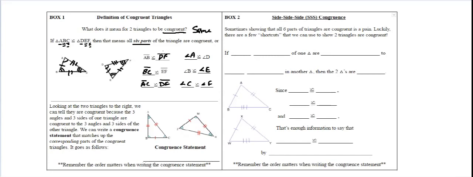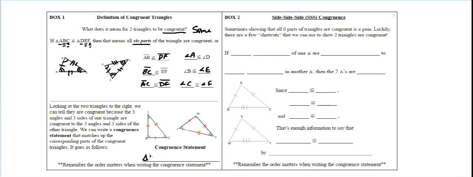So, we've got 2 triangles down here in this lower section. We can tell that they're congruent because they have 3 sides in common and 3 angles in common. Everything's the same. So, see if you can write a congruent statement. I'll start it off for you.